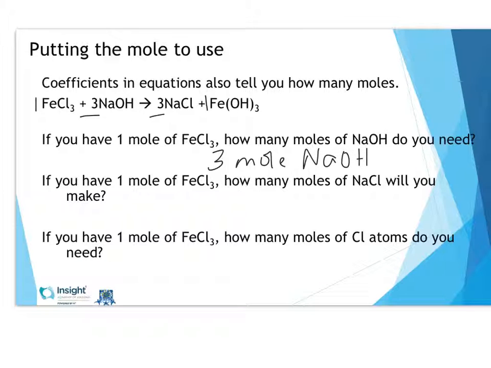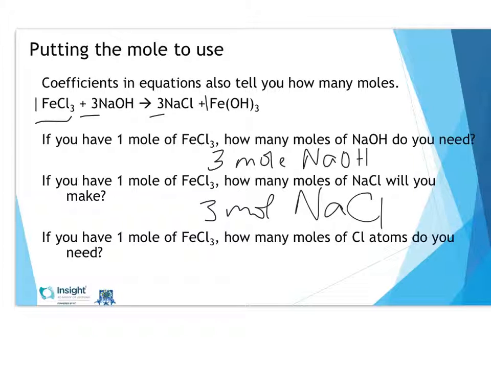Okay, and then for 1 mole of iron chloride, how many moles of sodium chloride do you make? Again, it's 1 and 3, so that's 3 times more, so you'd make 3 moles sodium chloride. Okay, and then if you have 1 mole of iron chloride, how many moles of chlorine atoms do you need?